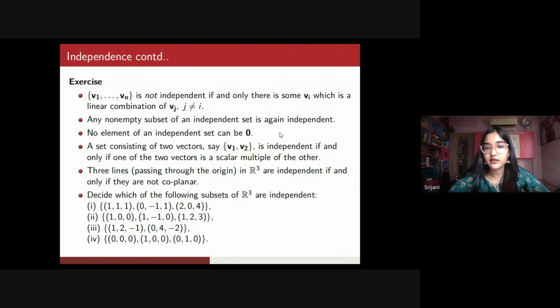If there is 0, then the set cannot be independent, because you take any alpha, and any non-trivial linear combination will give me 0, because 0 into anything is 0. These things you can just do by writing out the definition. And if it implies all the alpha i's are 0, then it is independent. Is there anything here which is not clear? Then I will explain, or I'll just go to the basis part.